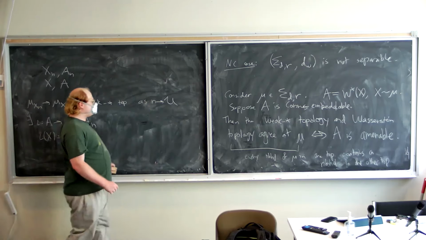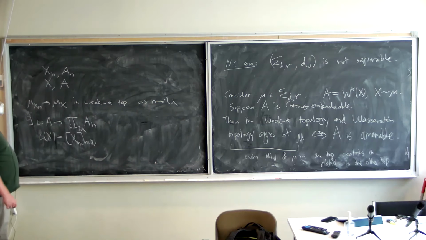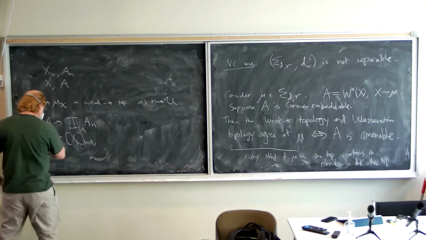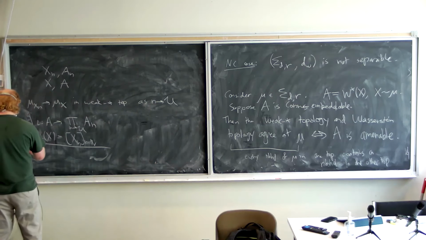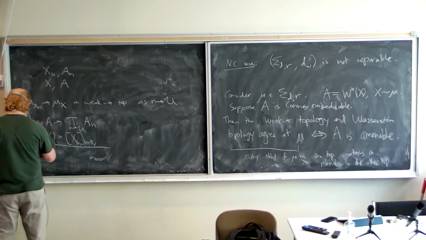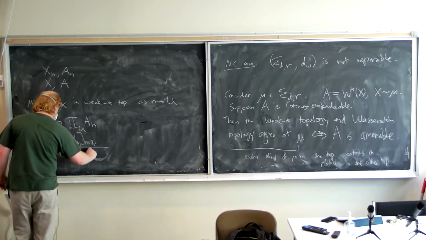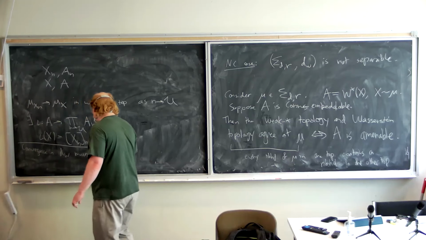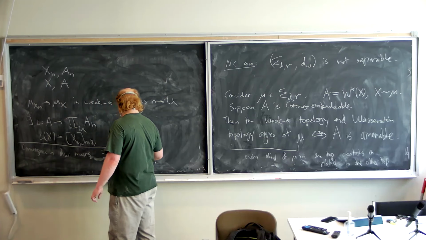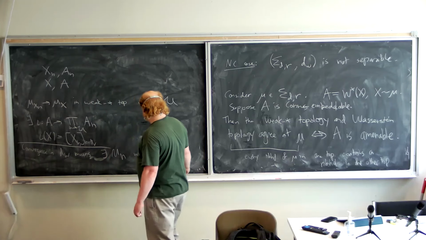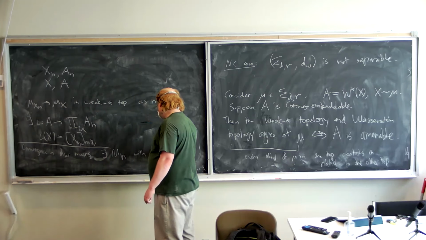And then this statement about convergence in Wasserstein distance, right? So convergence in Wasserstein distance means that there exists some Mn where you have alpha n.